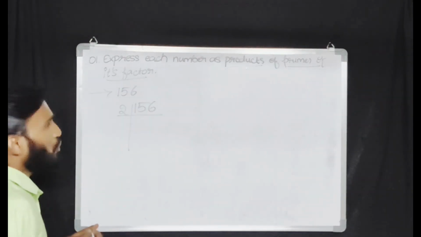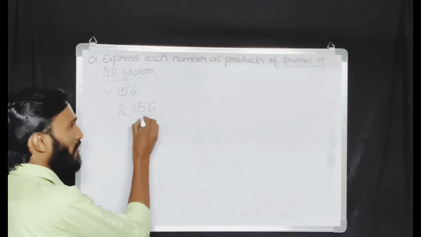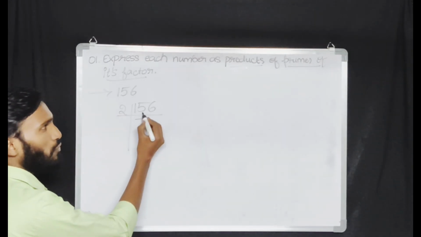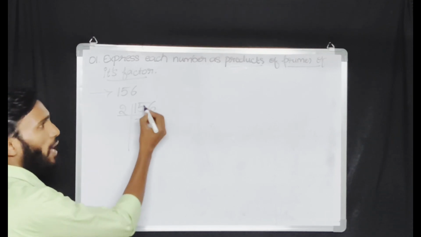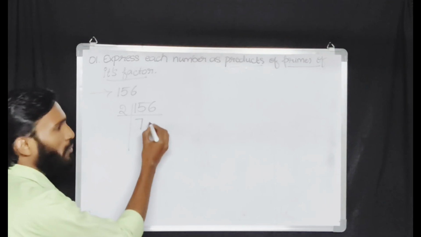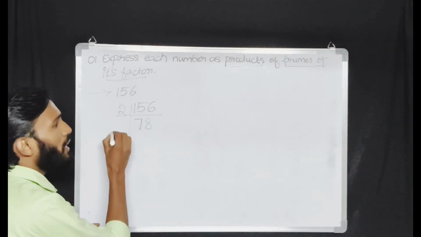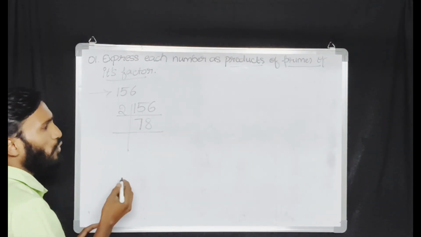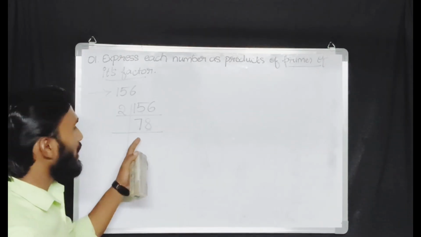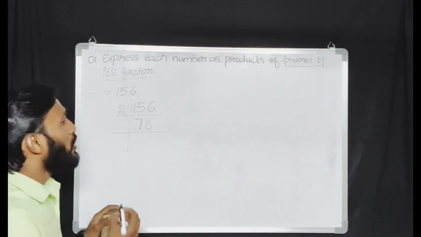Start with 2. 7 times 14, here is 15, 1 will be left. Add that 1 and this 6, that is 16, which is 8 times in the 2 table. The last digit is even, so 78 is also divisible by 2.